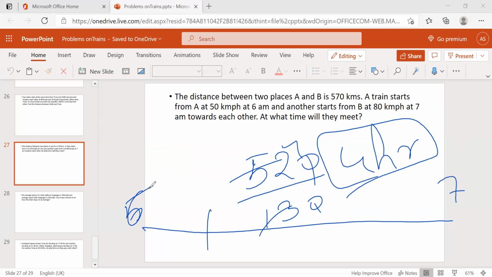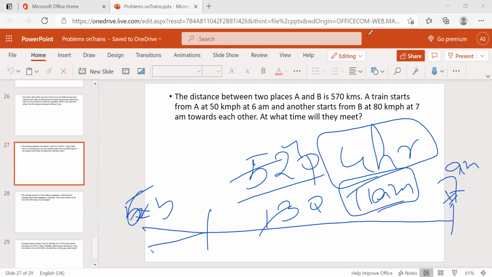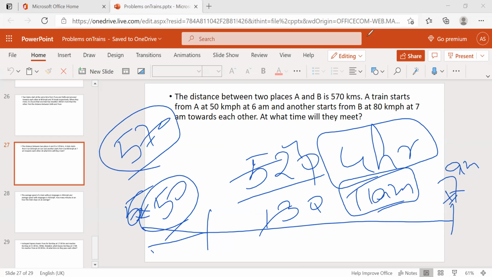From 7, because the second train started at 7 a.m. So after 4 hours, that means 8, 9, 10, 11. At 11 a.m., both trains will meet each other. After 4 hours you have to count from 7, because we already reduced the 50 kilometers from 570. Okay, clear? Going to the next one.